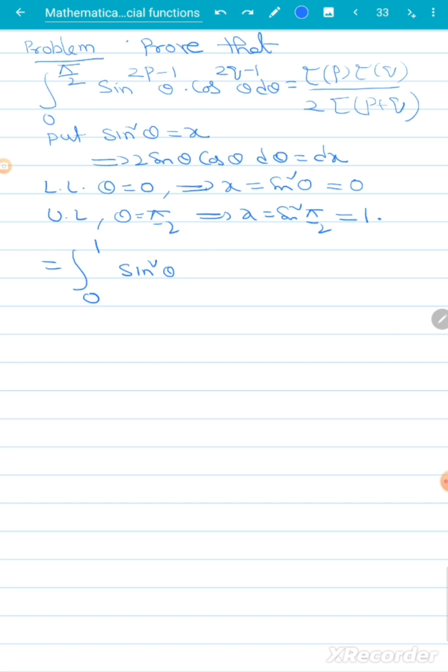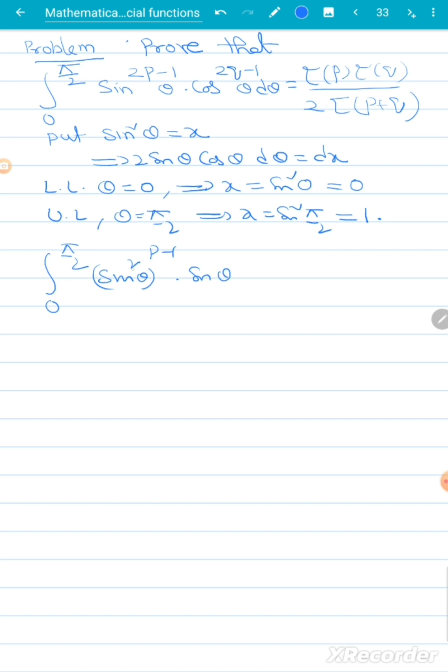So first of all, I will adjust it as integration 0 to pi by 2 of sine square theta to the power of p minus 1. But here it is actually 2p minus 1, and 2p minus 2 has no extra theta, so I will put it as into sine theta.